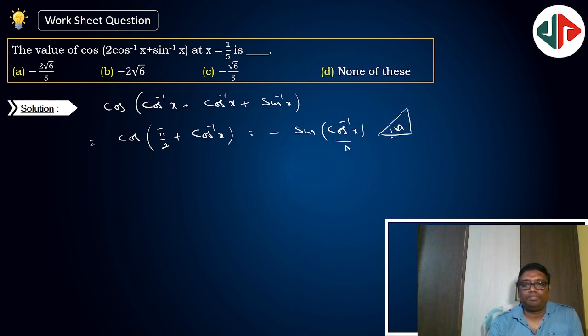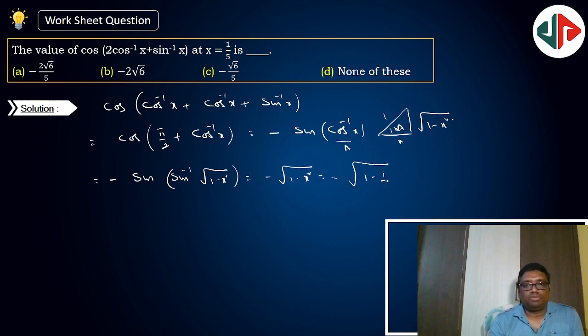Imagine this is a triangle with sides x, 1 and under the root of 1 minus x square. So this value is minus sine of sine inverse of under the root of 1 minus x square. So this value is minus under the root of 1 minus x square. So minus under the root of 1 minus (1 by 5) whole square. So this value is minus square root of 24 by 25, minus 2 root 6 by 5.